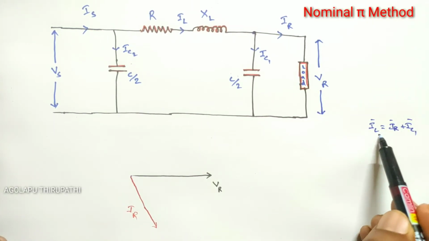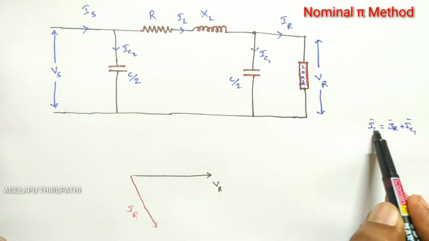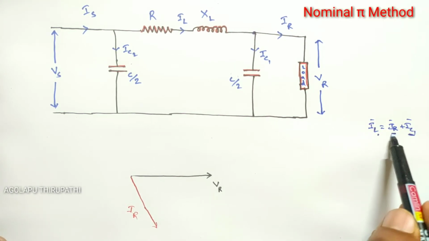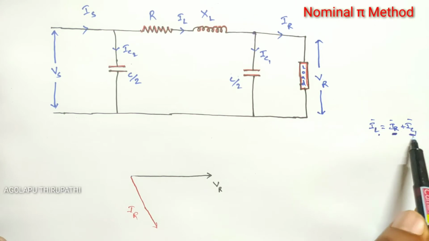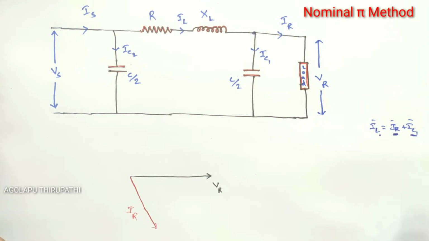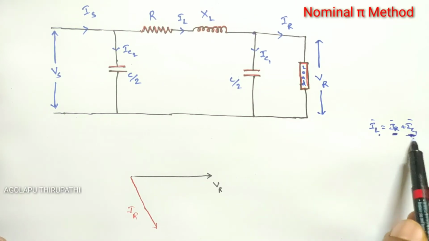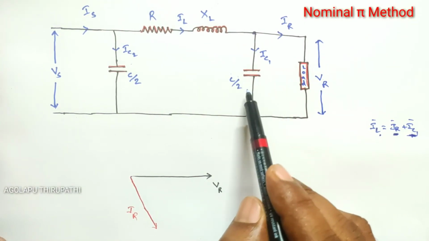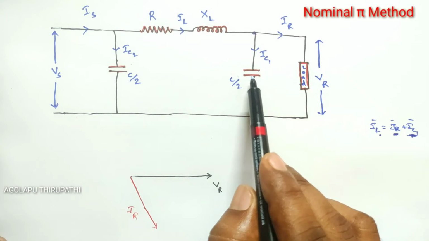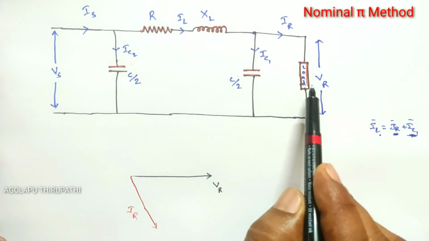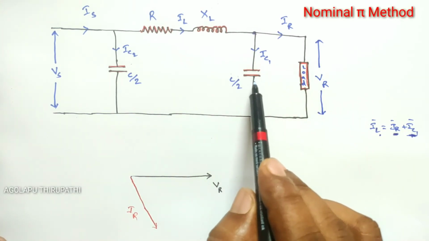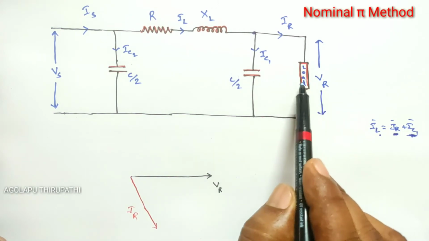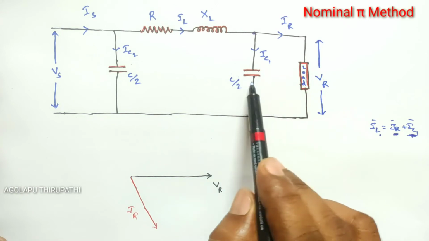So to get IL, we should add IC1 to IR, right? So first, draw the IC1 vector. What is IC1? This is the current flowing through the capacitor. For a capacitor, the current flowing through it leads the voltage by 90 degrees. So what is the voltage across this particular capacitor? VR is the voltage, because the load and capacitor are both in parallel.